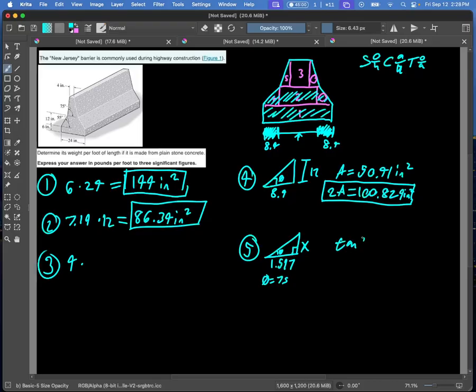So the tan of 75 is going to equal x divided by 1.597. So we'll just multiply tan of 75 times our 1.597. And that gives us an x of 5.96.